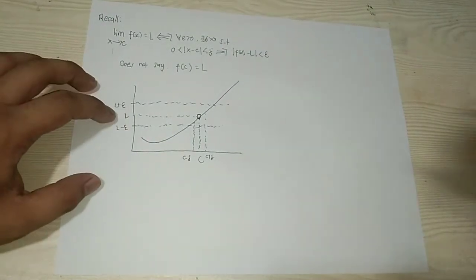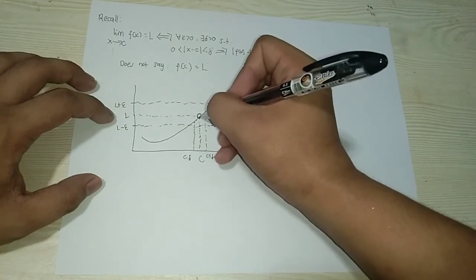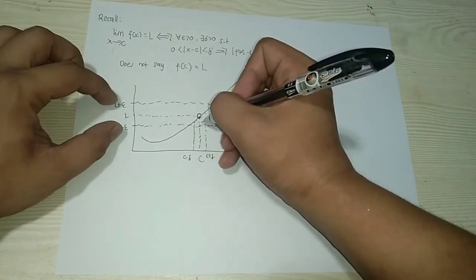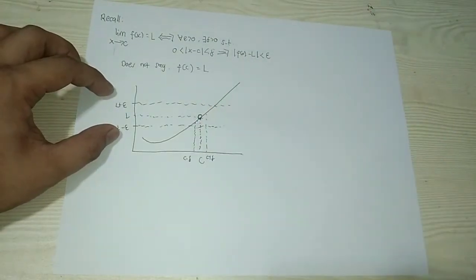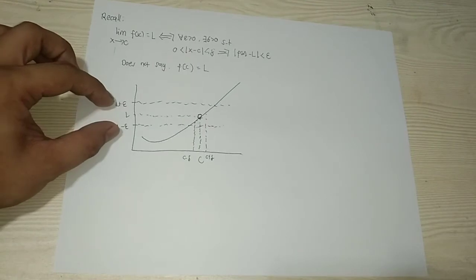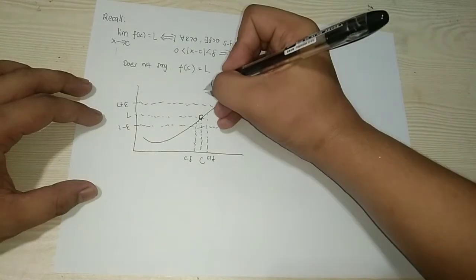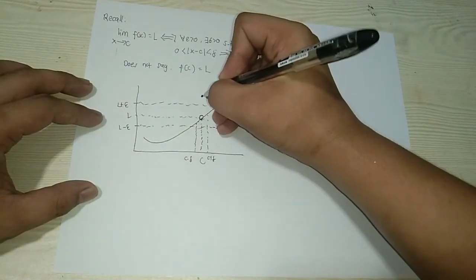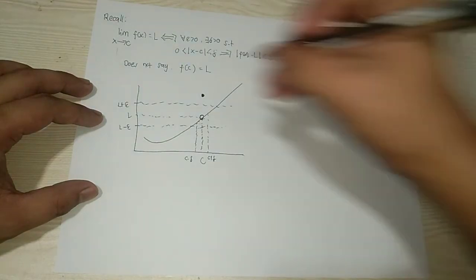Kasi nga, yung any values ng x dito, except f of c, pag nilagay mo sa f of x, nasa loob ng L minus epsilon, L plus epsilon. But let's say, yung f of c natin ay somewhere sa labas. Okay, let's say ito.